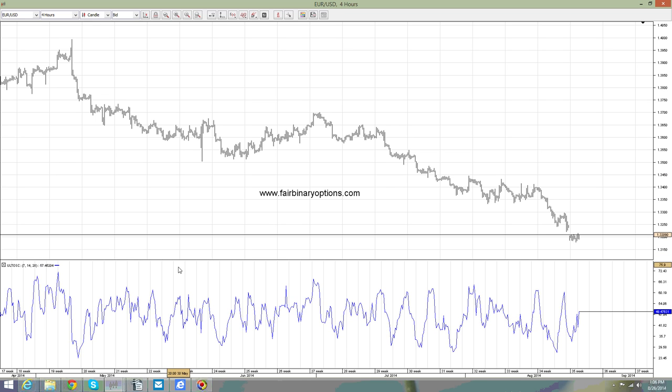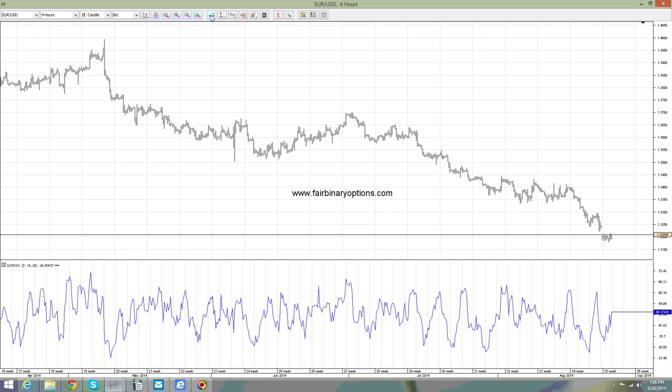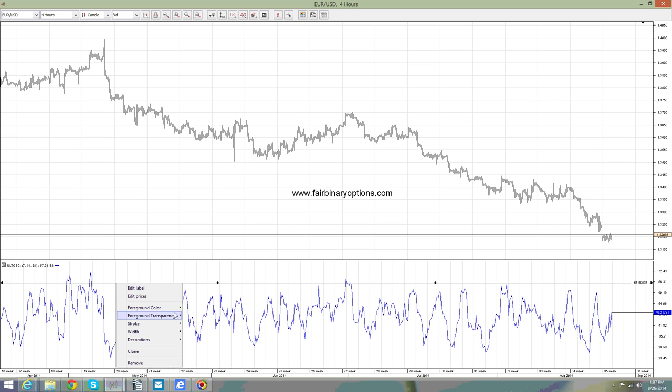If this is a maximum value, you just take a horizontal line and put it here. If this is the maximum at 71.81, let's say from the 65, that would be considered an overbought territory. You may change the color for it.